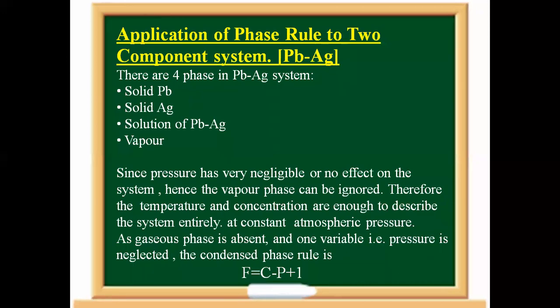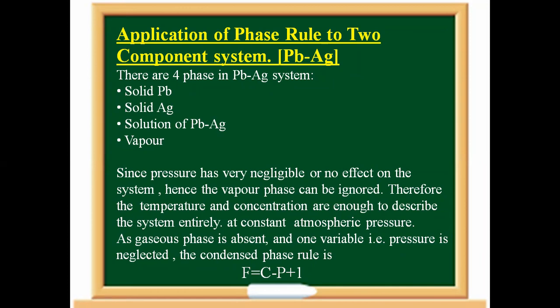Okay. So for a two component system, for example an alloy system, the best way to explain it is F is equal to C minus P plus 1 by keeping atmospheric pressure constant, and the phase diagram will be made of temperature and composition. So the condensed phase rule is given as F is equal to C minus P plus 1.